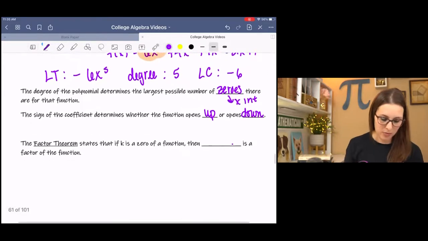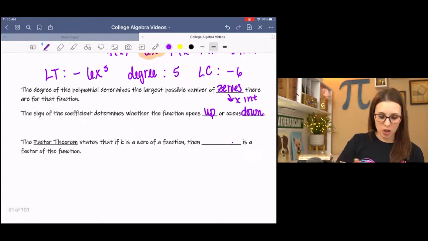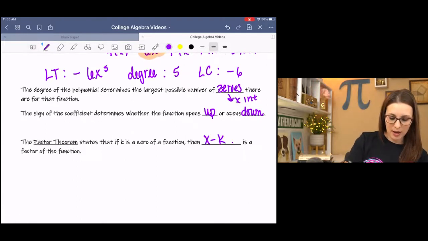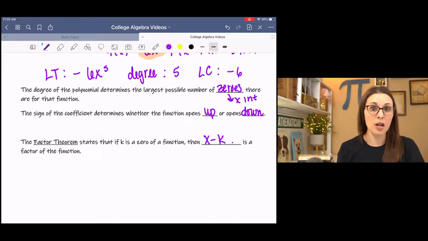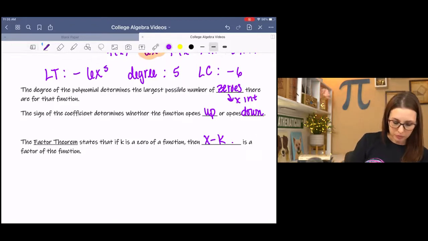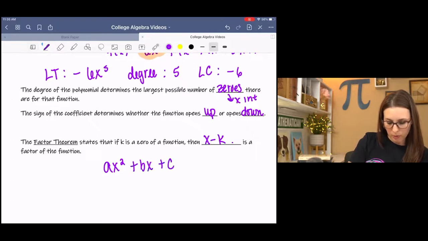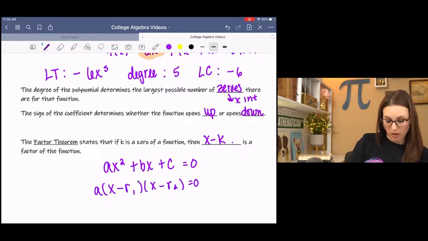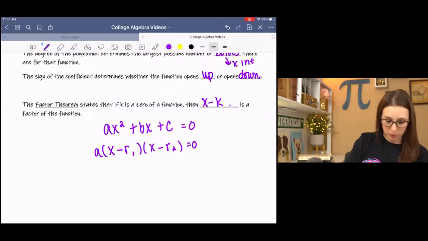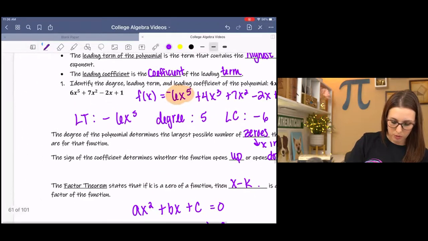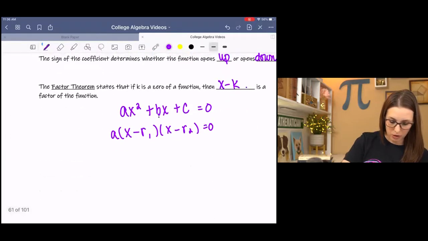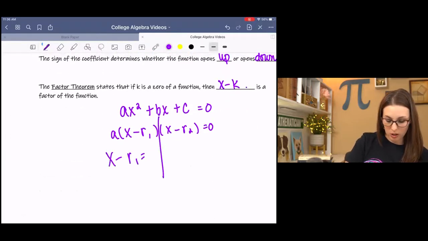The factor theorem states that if k is a zero of a function, then x minus k is a factor of the function. And this relates back to, if you remember from quadratic functions, if we had a quadratic function in standard form, and then we factored it into factored form, then we used the zero product principle to split those factors up and solve each one.